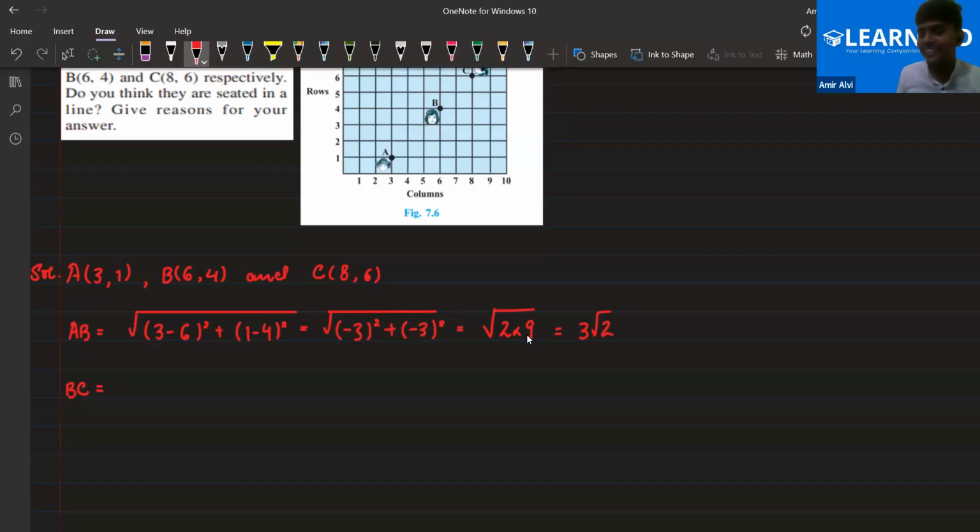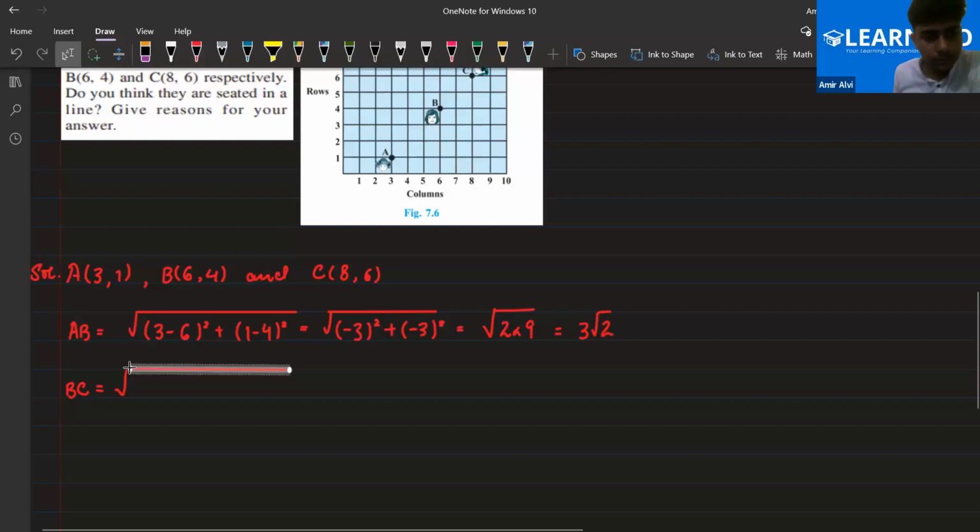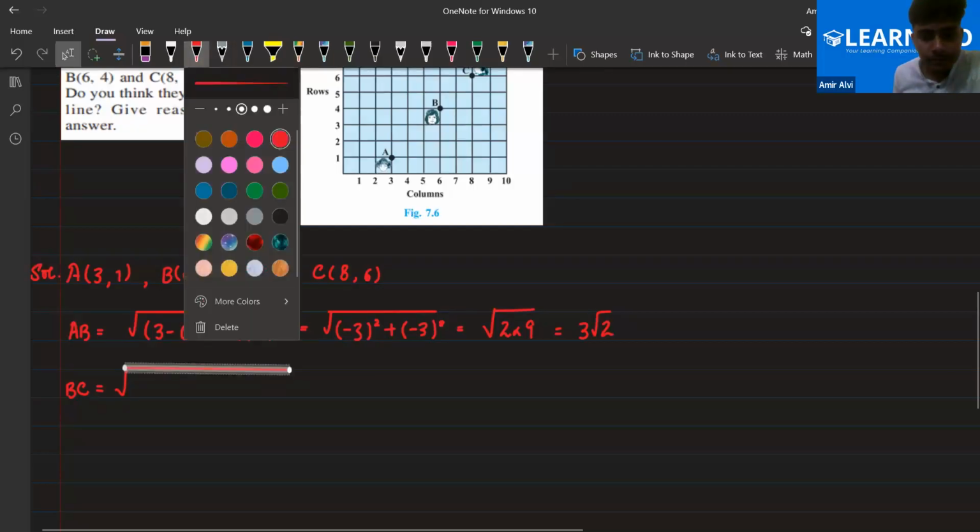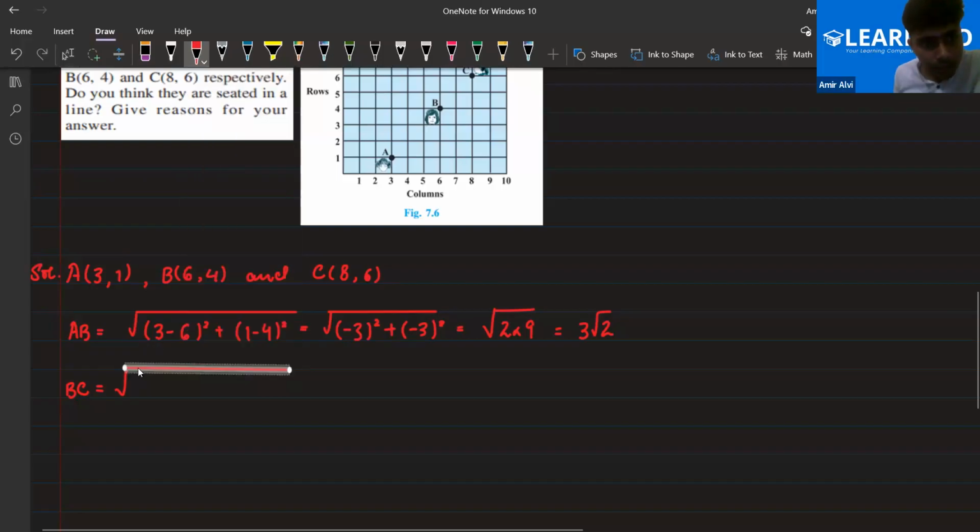Oh, okay. Yes, sir. I have just basically, because if I write 18, ultimately I have to split it again. So that's why I have written 2 into 9. Okay, yeah, that is the thing. Next is, so that would be 6 minus 8.